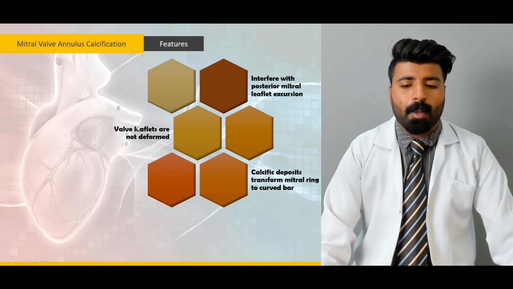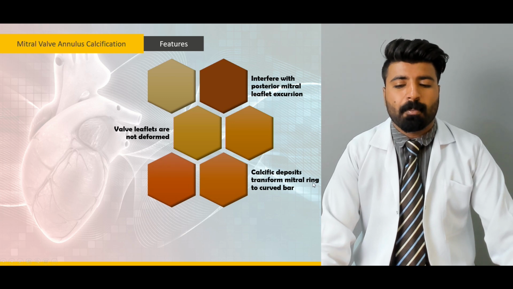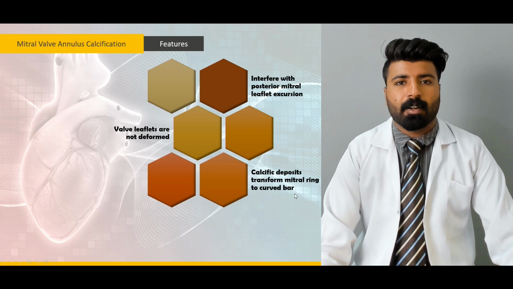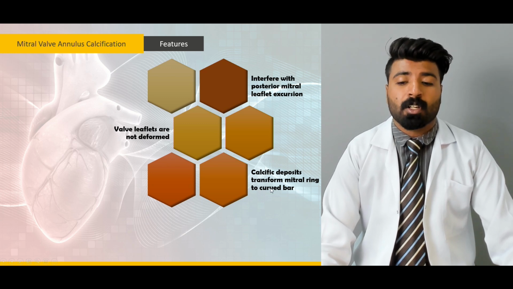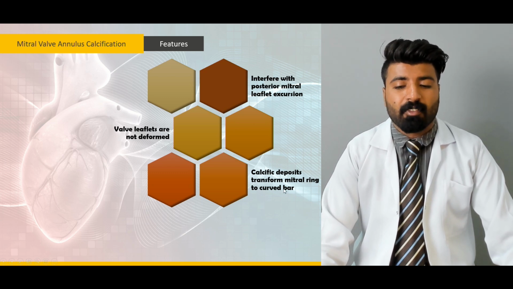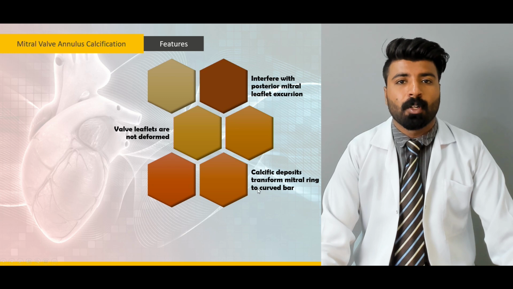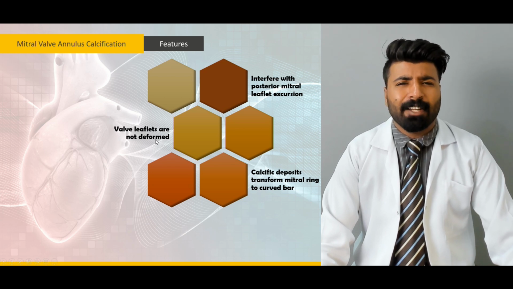They are normal, but the calcific deposits transform the mitral ring into a curved bar. So the basic pathology lies on that ring, curving it into a bar. The calcific deposits which deposit at the leaflets in other pathologies are not affecting the leaflets here.